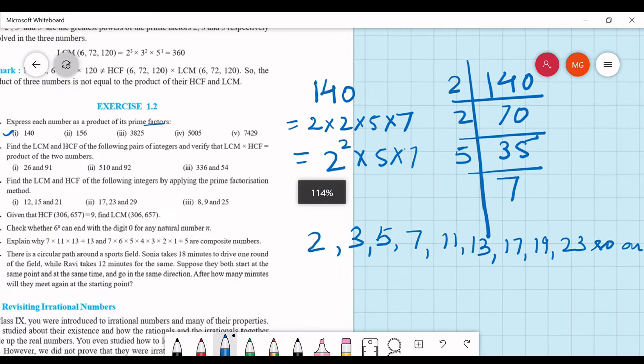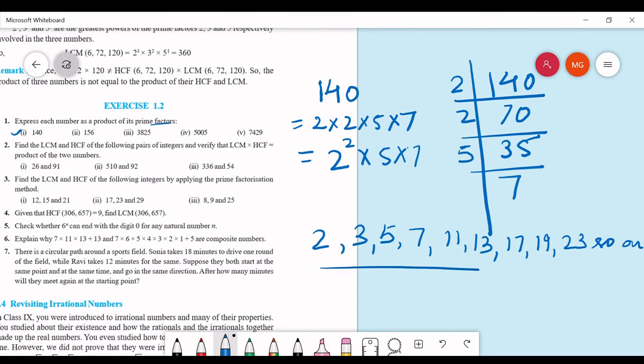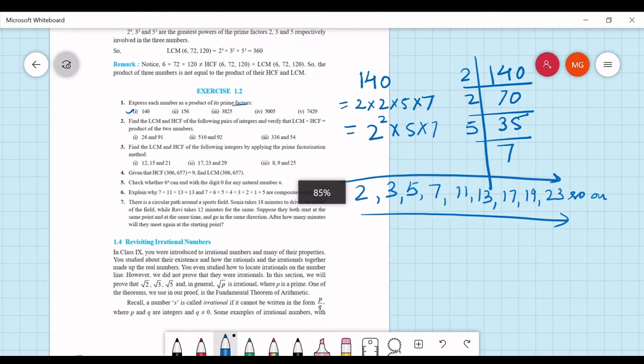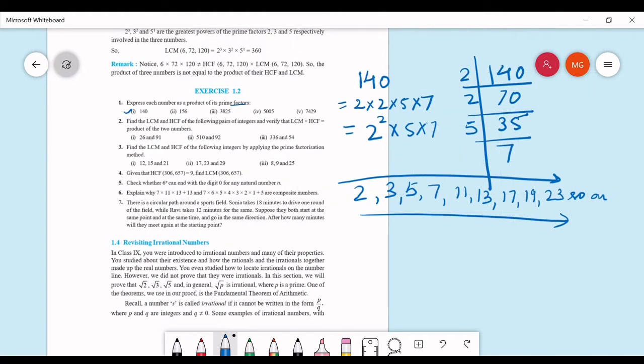And I want you all to learn this sequence, right? You should know at least this sequence from 2 to 23. Rest all that is after that will take it afterwards, but till 23 you should know, right?